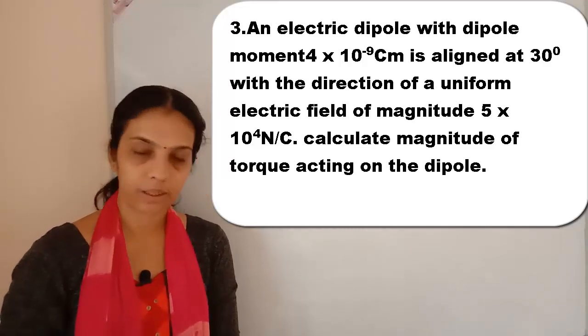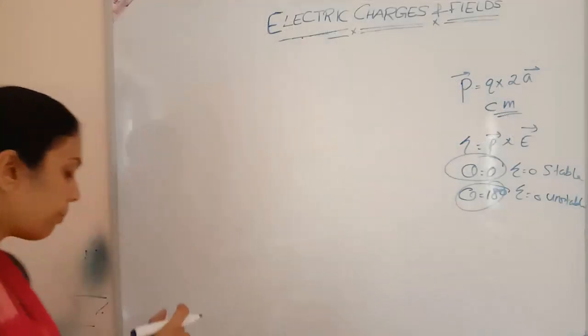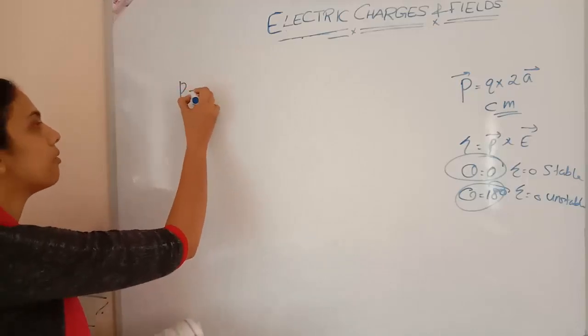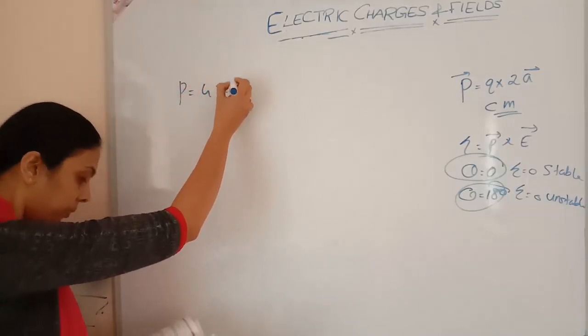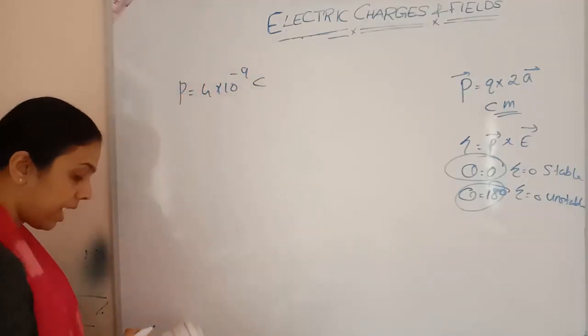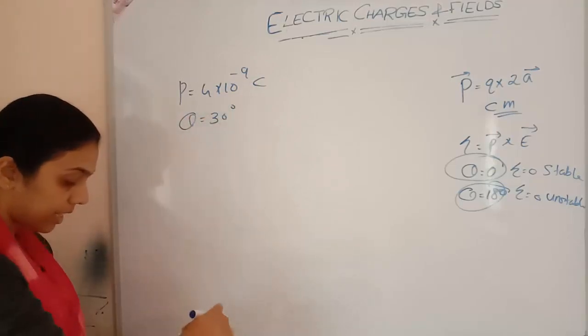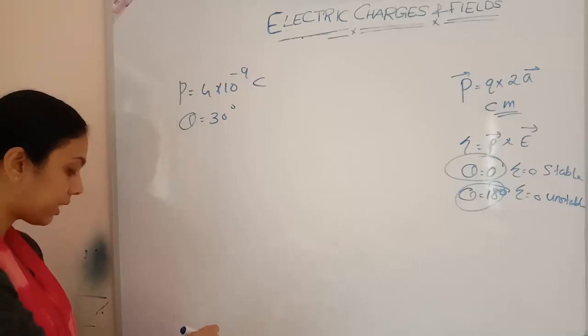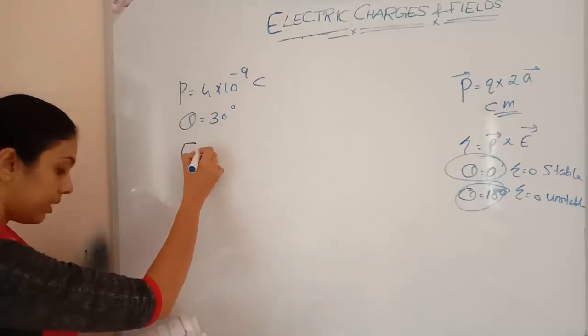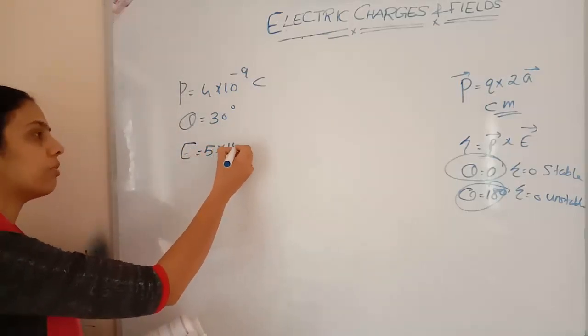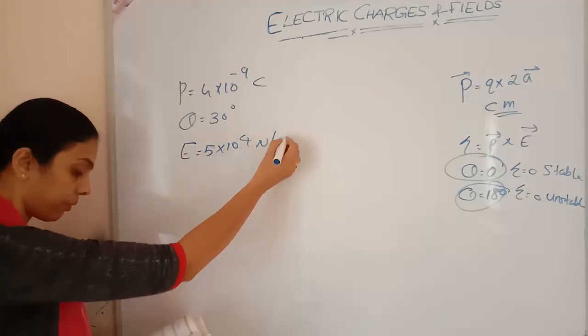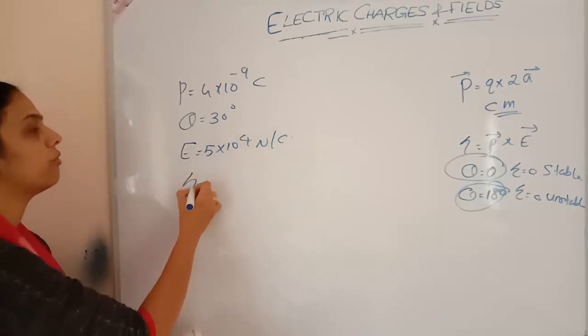So everything is given. It's a direct question. So dipole moment p equals 4 into 10 to the power minus 9 Coulomb meter, aligned at 30 degrees with a uniform electric field of magnitude 5 into 10 to the power 4 Newton per Coulomb. Calculate the magnitude of torque.